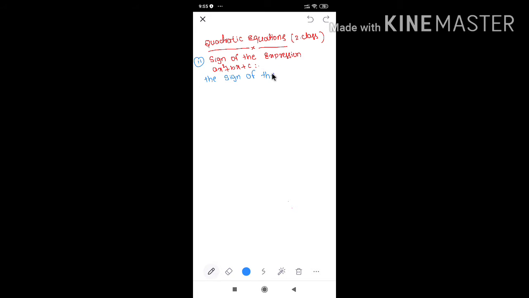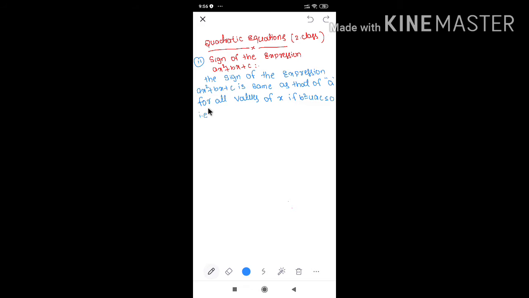The sign of the expression ax square plus bx plus c is same as that of a for all values of x if b square minus 4ac is less than or equal to 0.